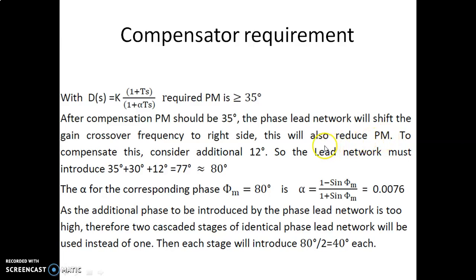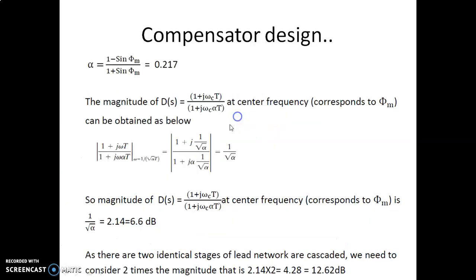We know that it already has minus 30 degrees as the phase deficit, and it has to give plus 35 degrees. So let us consider another 12 degrees, because we have a very small phase margin.